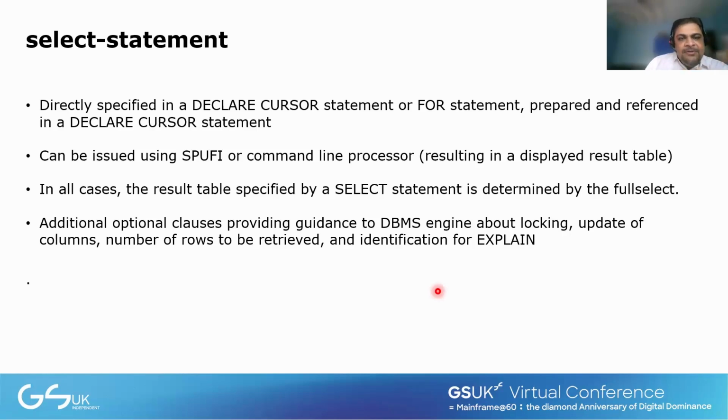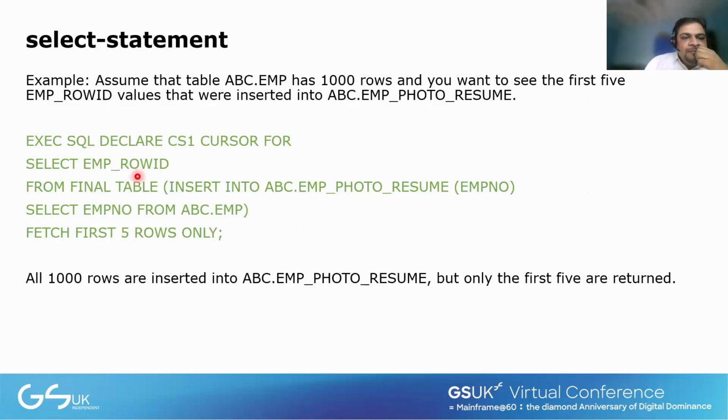And in between, you can process those data, you can send it to the host variables and all that sort of thing. Here is an example. This you can embed in a COBOL program. Exec SQL declare this cursor for this select, and this will fetch only first 5 rows. So this is how you can embed. So these are the different types of select statement.